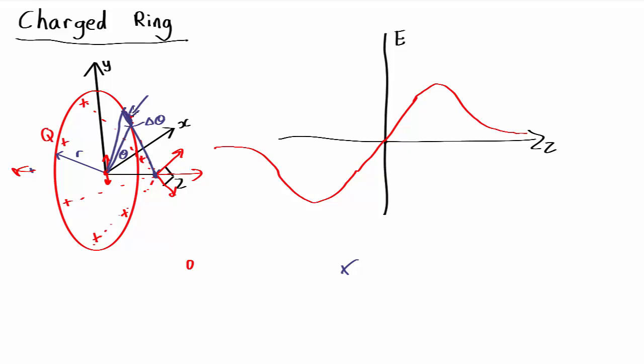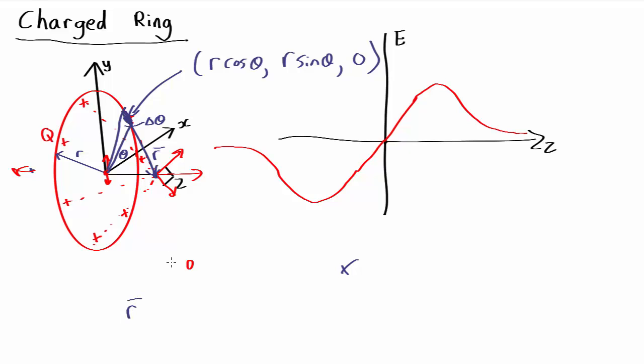The location here, if it's angle theta from x, the x coordinate is going to be r cos theta. The y coordinate is going to be r sin theta, and 0 in the z direction. Okay, so this vector from the charge there to where we're going to measure it is the displacement vector.